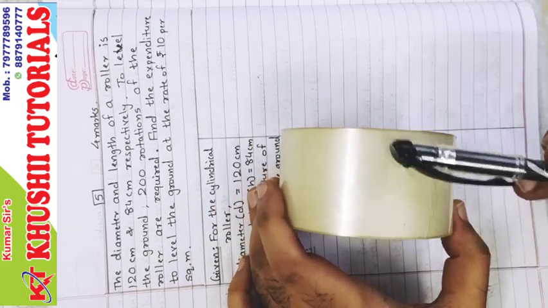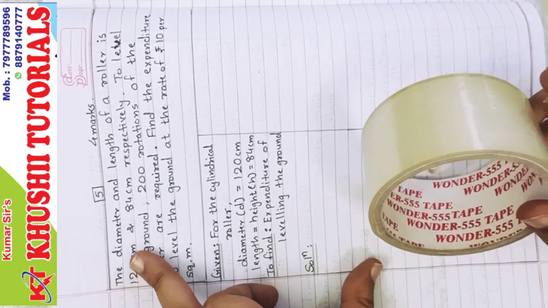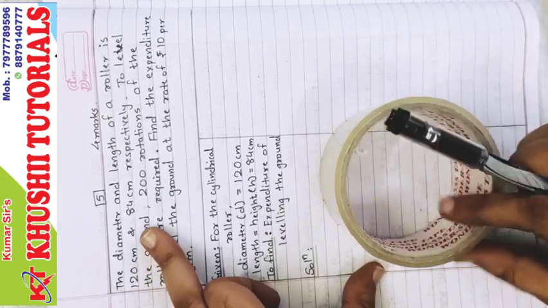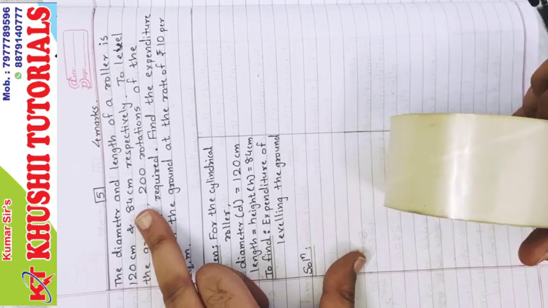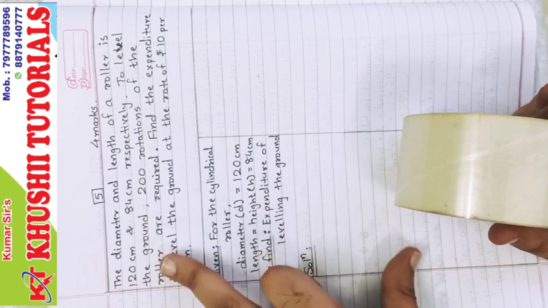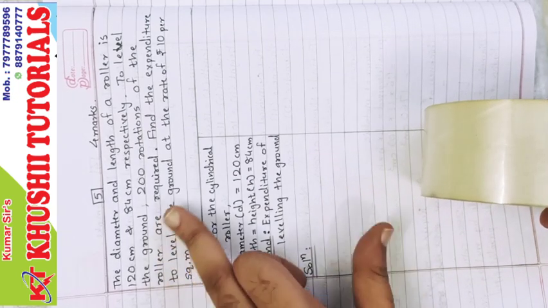So height is 84 centimeters. So roller is nothing but the cylinder. The diameter is 120, that's why radius will be 60, and height is 84 centimeter respectively.